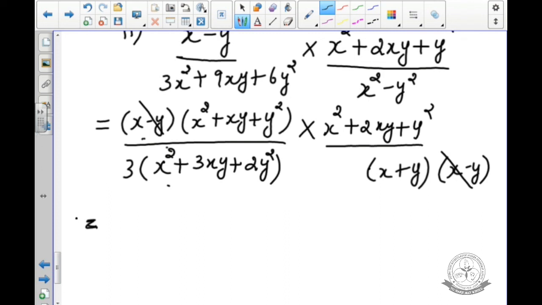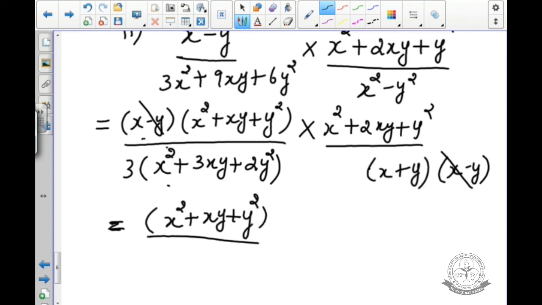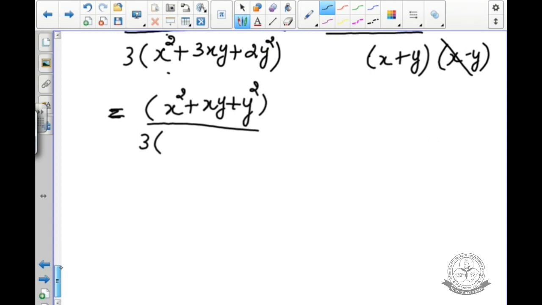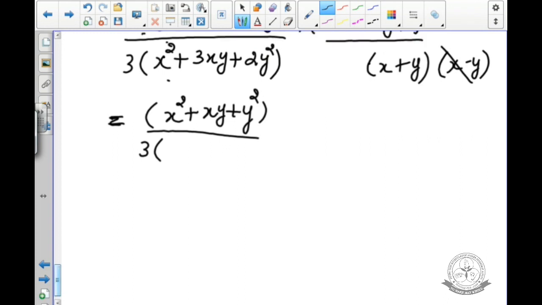The remaining terms we just write. Here we already took out that 3, right? So x square plus 3xy plus 2y square.